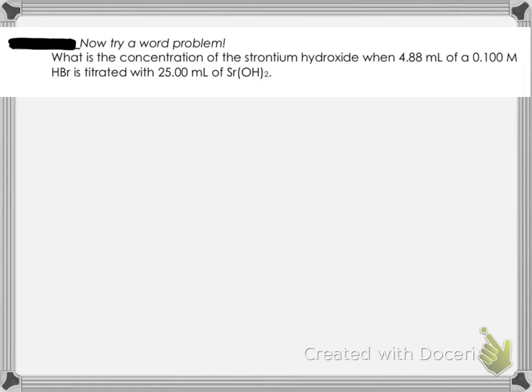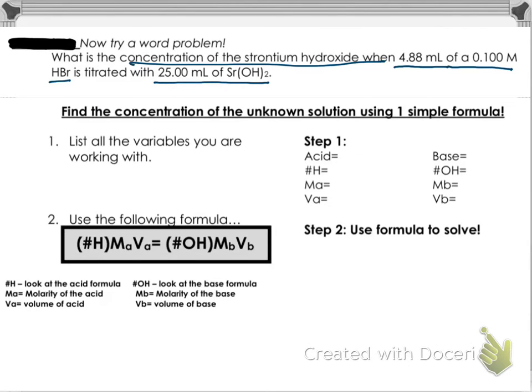All right, so let's try this word problem. We want to know what is the concentration of the strontium hydroxide when 4.88 milliliters of a 0.1 molar hydrobromic acid is titrated with the 25 milliliters of strontium hydroxide. All right, I want you to think about the steps we just did. Think about your variables. So what's the acid here?